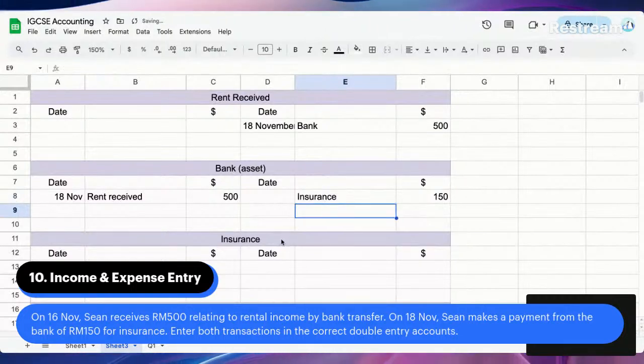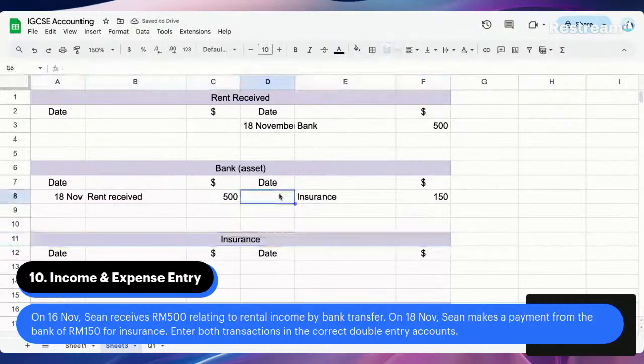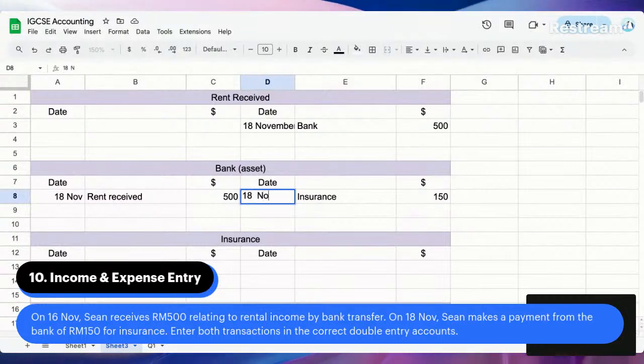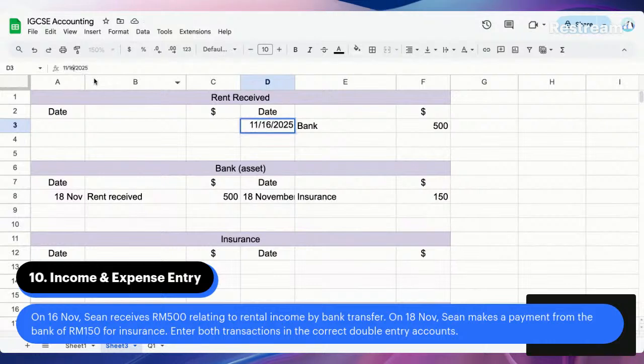And you create another T account, insurance. The date, let me complete it, which is insurance on the 18th of November. Sorry, another mistake I realized. This is 16 instead of 18.